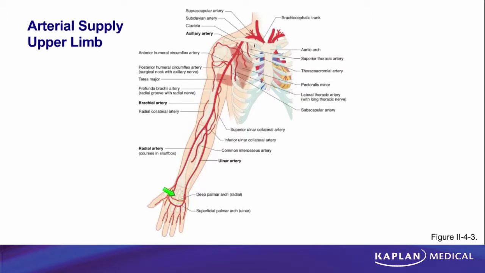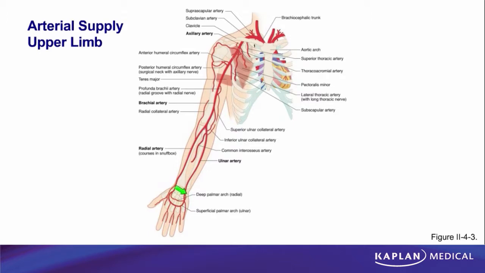In other words, you want to make sure that these collateral pathways are adequate in that patient, because they're not in every patient. And so the way you can do that is you can compress both of those arteries on the patient, right? Just compress the radial and compress the ulnar.